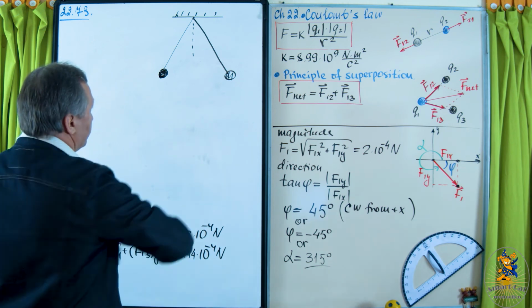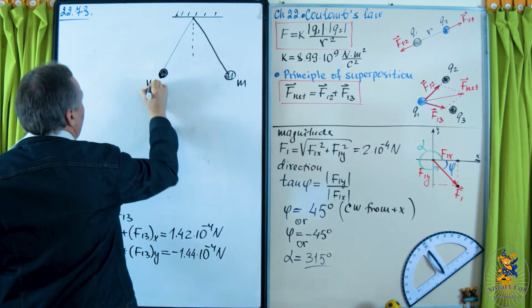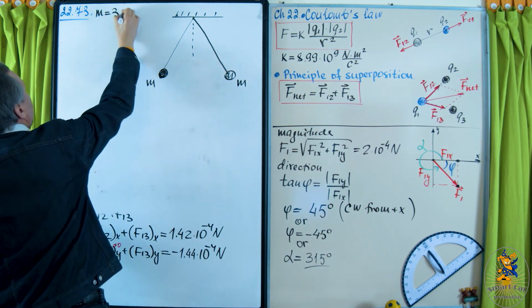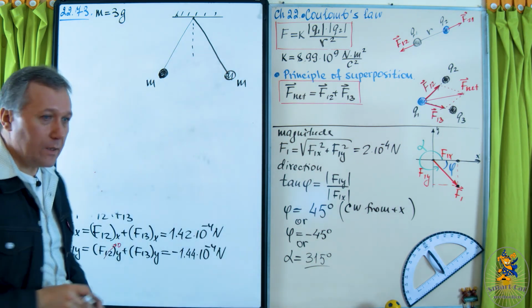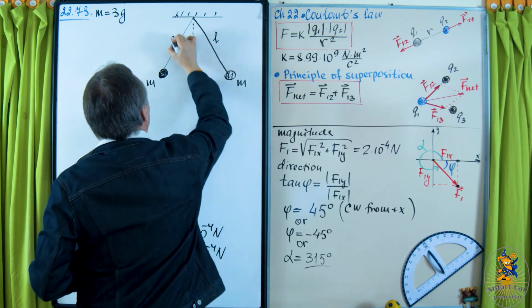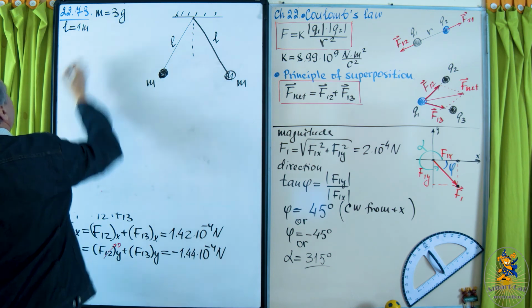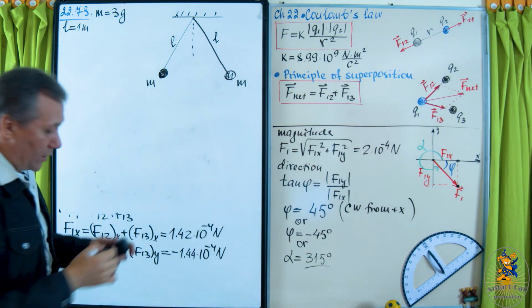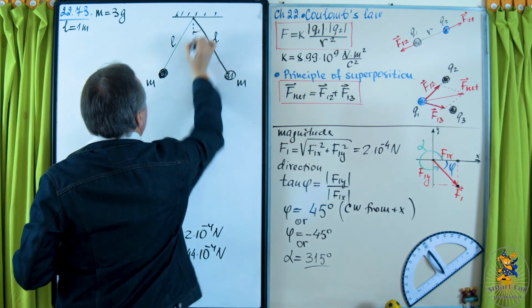So what is given? Mass. M is 3 grams, I think. Let me check. I think 3 grams. Then the length of these cords is given. L, I think it's 1 meter. Then you should be able to measure this angle easily. Let's label it theta.